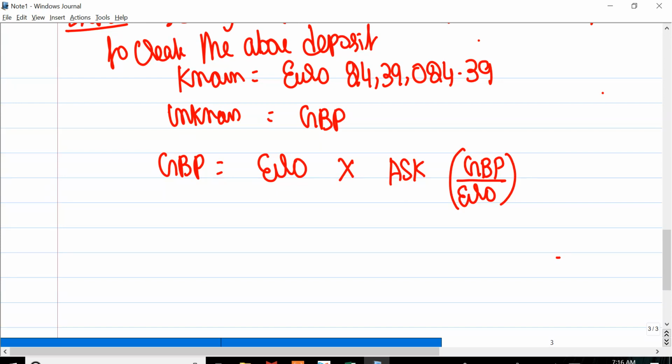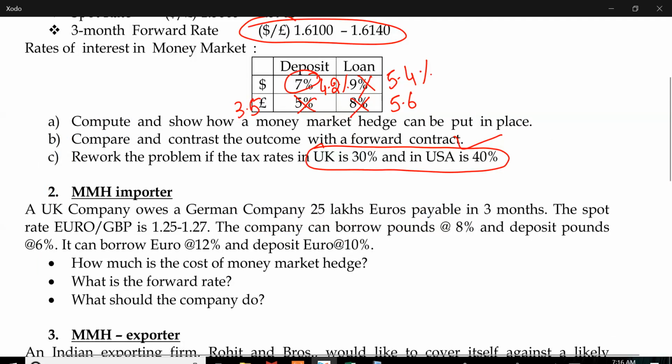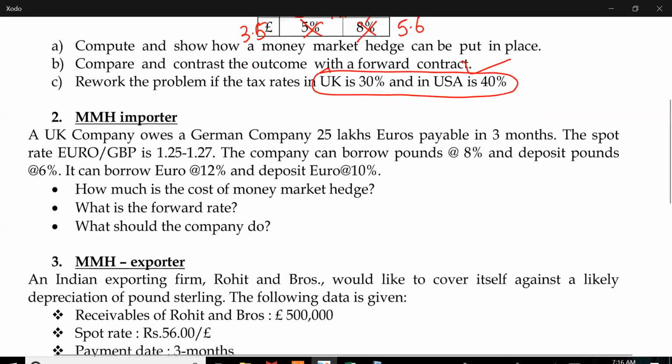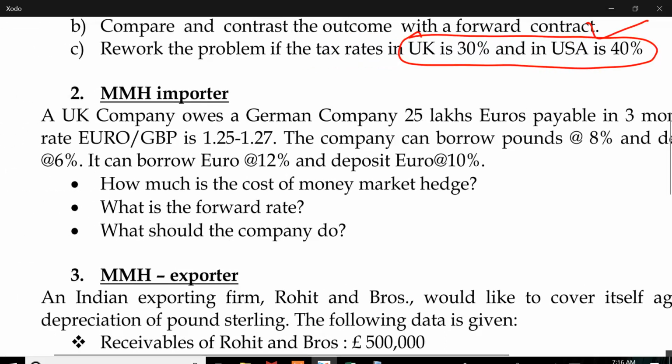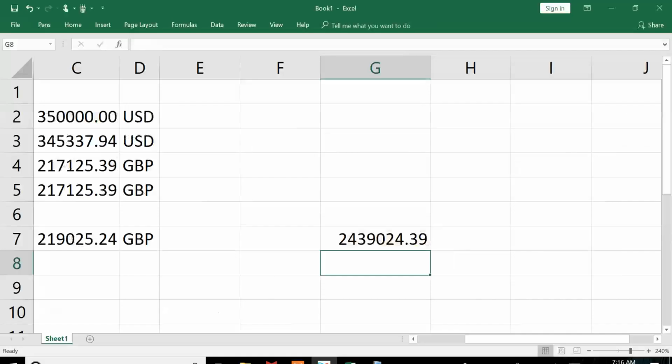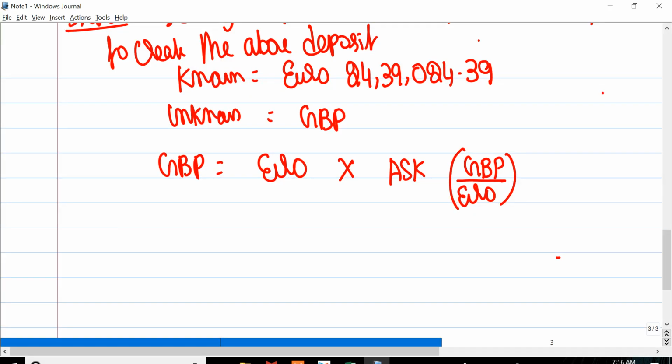You can borrow euros also, you can borrow pounds, you can borrow anything you want. Why we are concluding this is that I need 24,39,024 euros, and I am a UK based company. A UK based company will have only pounds with them. So to get euros, you will have to buy them, and buying will happen at the ask rate.